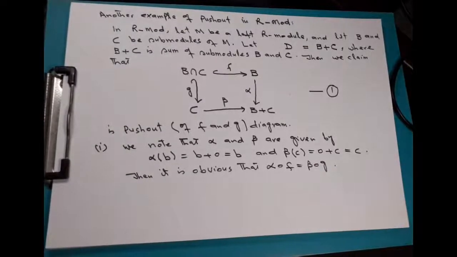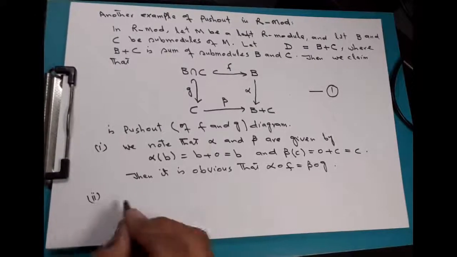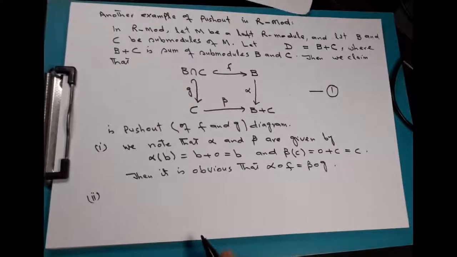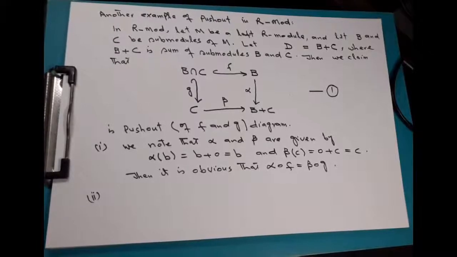So this condition is very easily established. We come to the next condition, and for that we have to consider two maps from B to X and C to X, and then we have to define a module homomorphism from D to X so that the particular condition is satisfied.